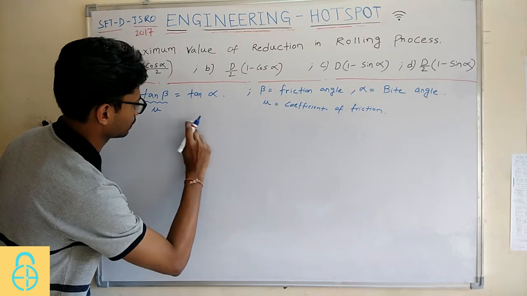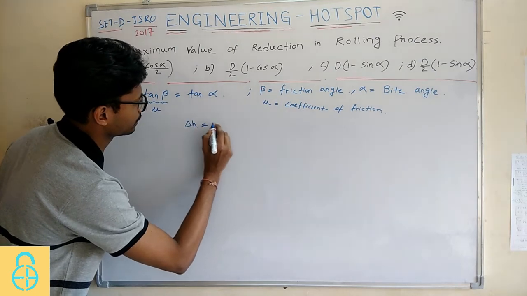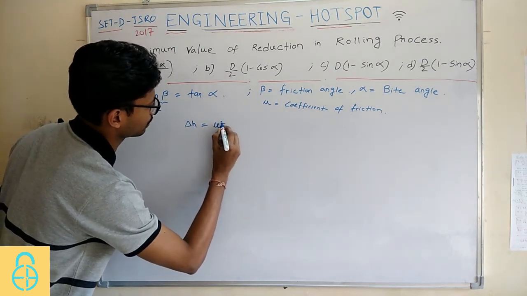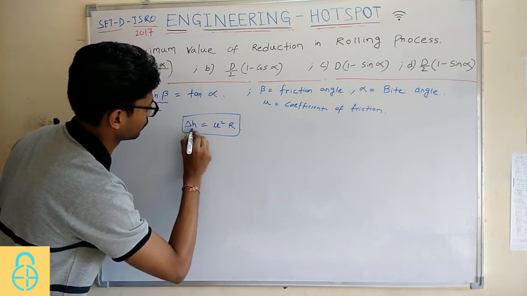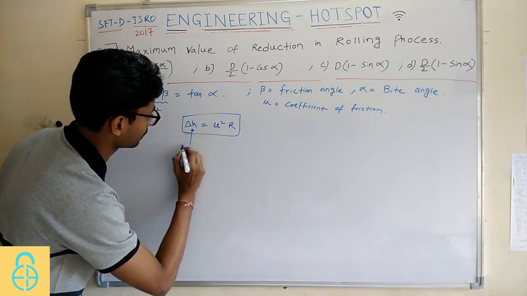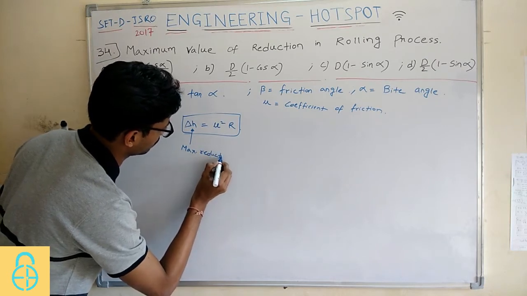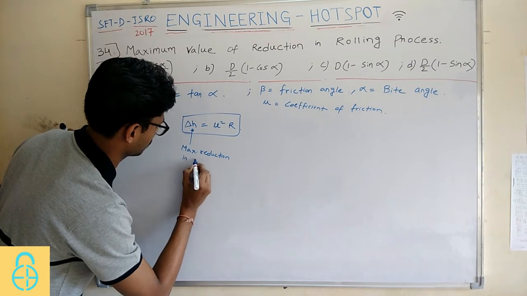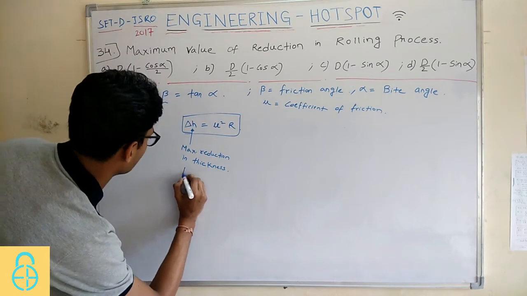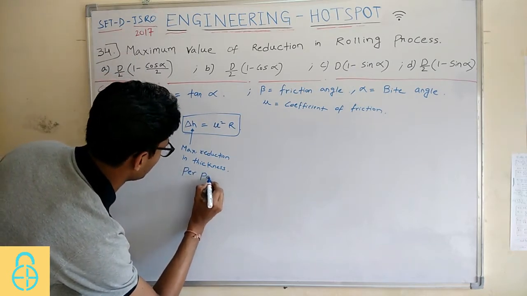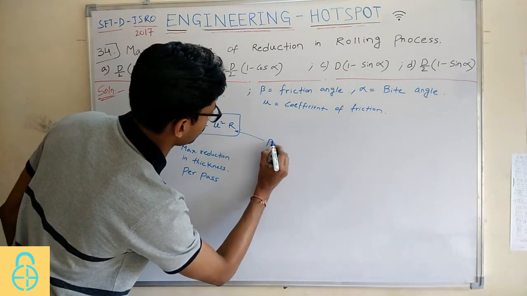So after solving, we get delta H as mu square into R, where delta H is the maximum reduction in thickness per pass, and R is the radius of the roller.